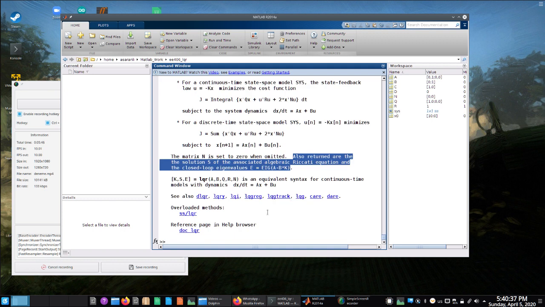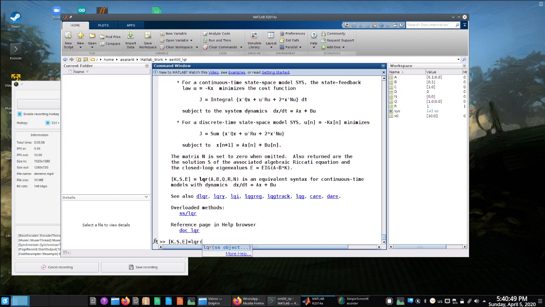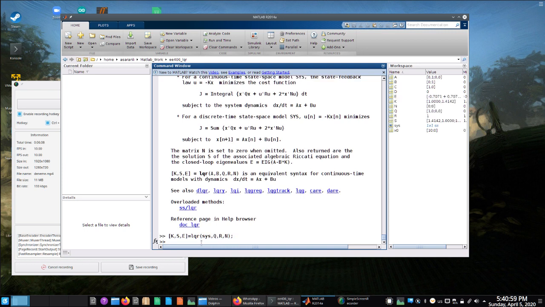Okay, so let's make that calculation. So K, S, E is equal to LQR, the system that we have defined, Q, R, and N, the design parameter of the LQR system. Okay.